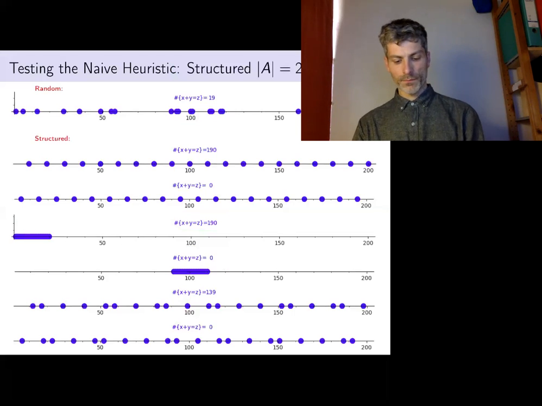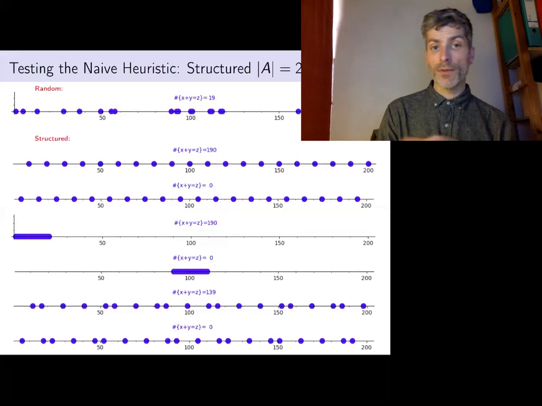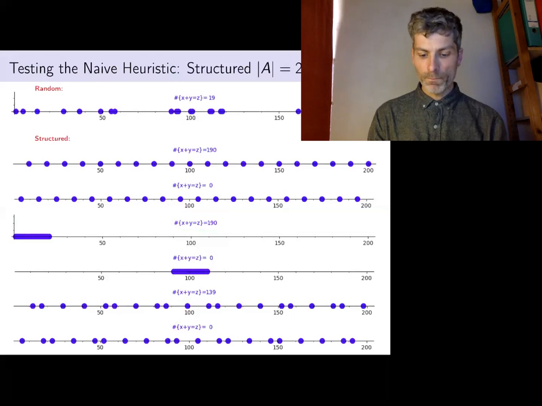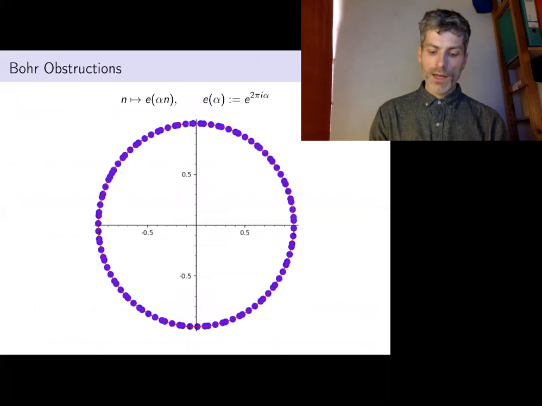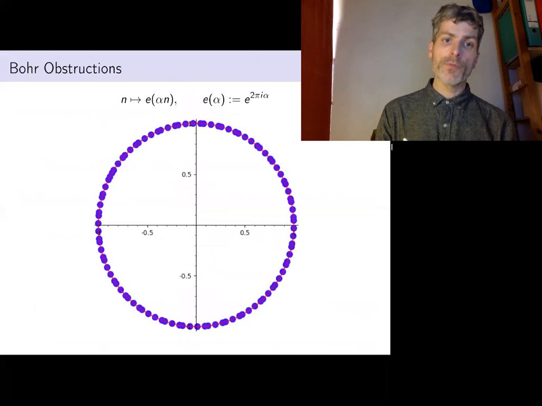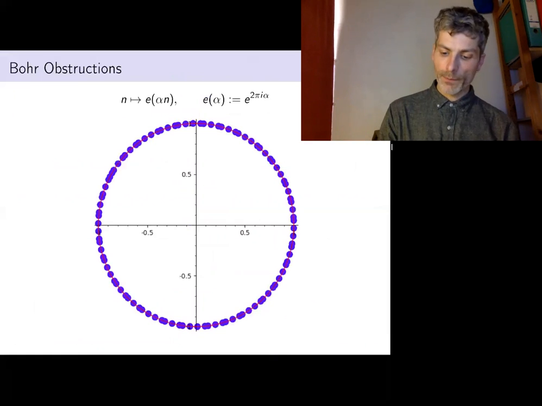Okay. So let's show that even though these sets look very different from the perspective of looking at a line, we're going to view these sets differently and they'll all look the same. How do we view them differently? Well, we're going to embed them into the circle. We're going to embed the interval of the first 200 integers onto the circle. We're going to embed it homomorphically.